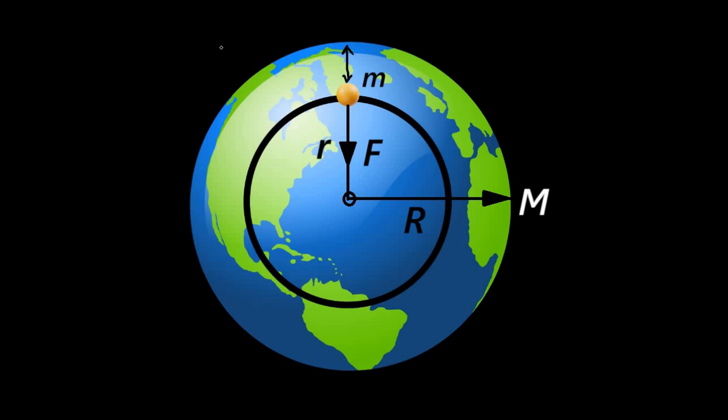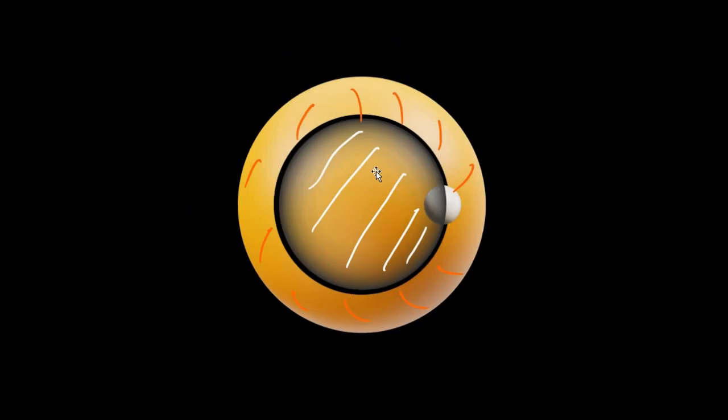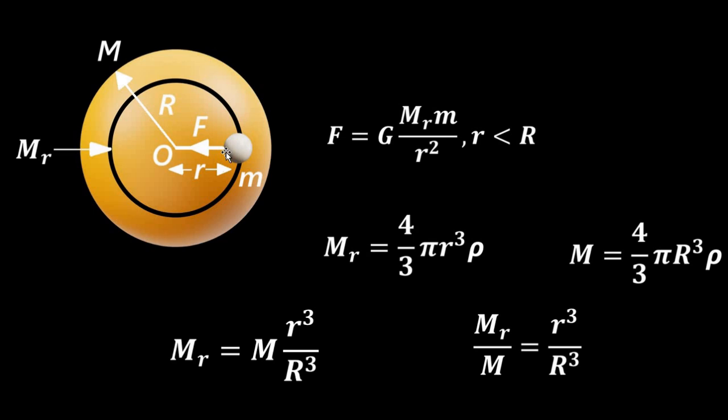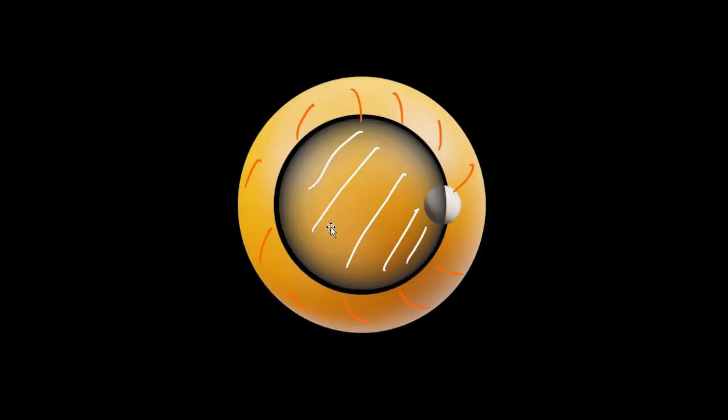As per shell theorem, when we have a point mass inside a solid sphere, the gravitational force of attraction acting on the point mass is directed towards the center, and this gravitational force is exerted only by the portion which is interior to the point mass, this white highlighted region.